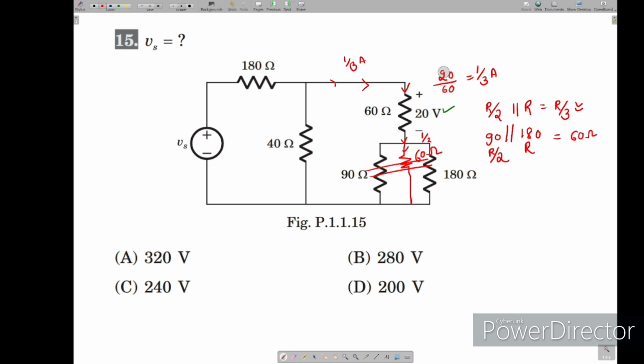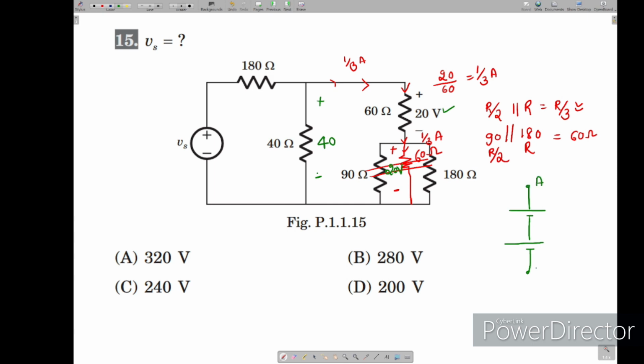So again it will be 20 volts here and 20 volts here. Now this 20 plus this 20, across this we have 40 volts. Simply, these are like two batteries connected like this.